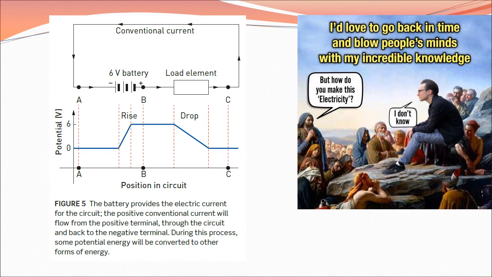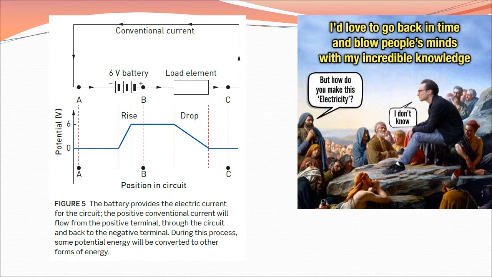As it passes through the battery, those filthy chemists do their magic and give our electrons some of the stored chemical potential energy from the battery, and that turns into electric potential energy. Those electrons then pass back out of the battery with 6 volts of electric potential. So we have a potential rise as we go through the battery. The electrons then will, we can consider the wires to have no energy usage.